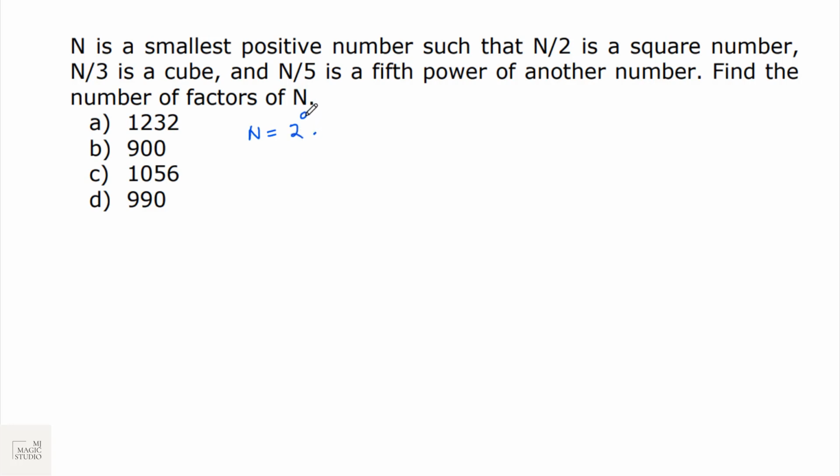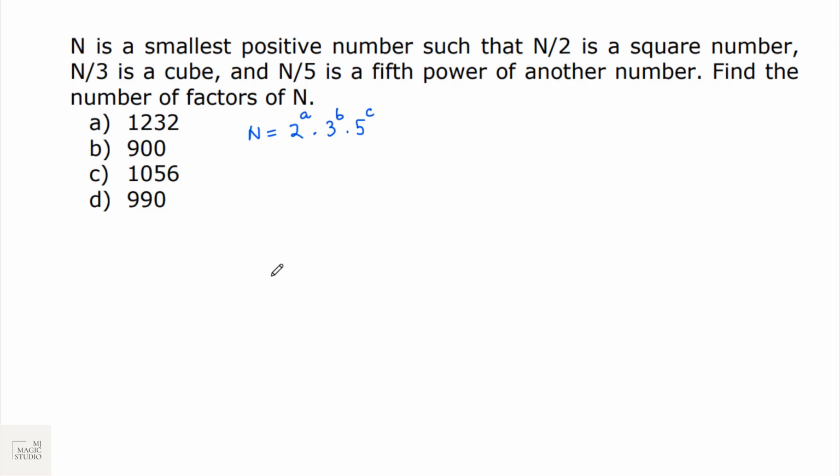So we will have 2, and let the power of 2 be a. N by 3 is a cube, that means it is also divisible by 3. And n by 5 is the fifth power of another number. That means it is also divisible by 5. So the format of n is 2 to the power a into 3 to the power b into 5 to the power c. Find the number of factors of n.